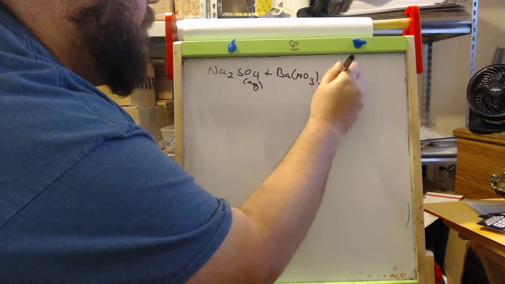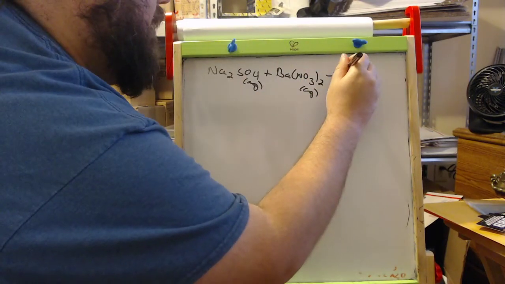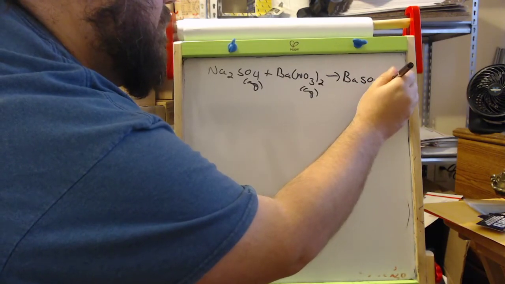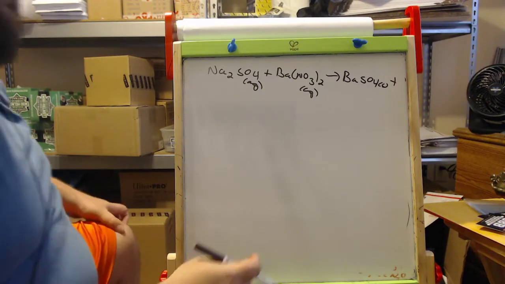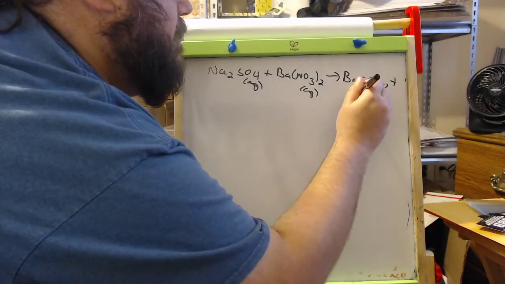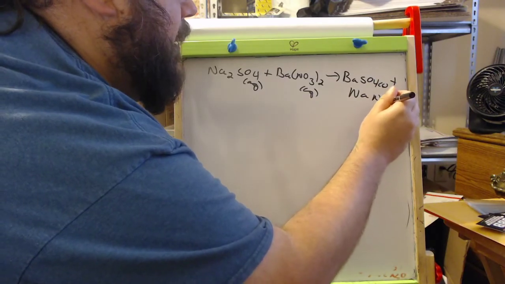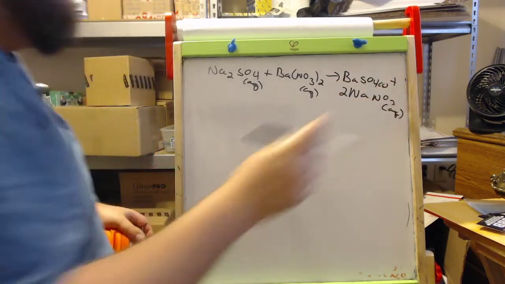And you're going to learn this in the next chapter, but you're going to get out barium sulfate, which is a solid, plus sodium nitrate. And to balance it, I need a 2 in front of there, and we should be balanced.